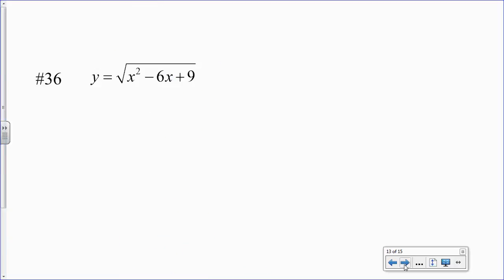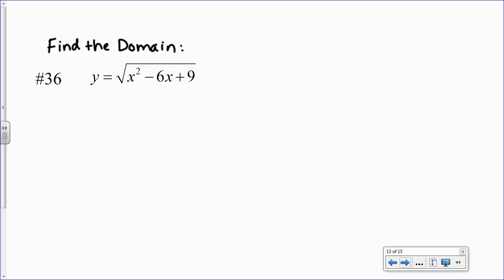Okay. Let's look at one more domain. So set up your inequality and then find your zeros.